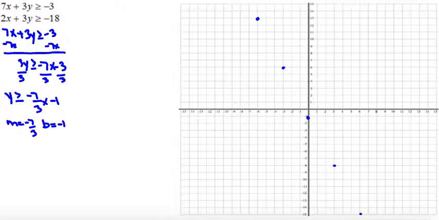Okay, and then since this is greater than or equal to, the line is part of the solution, so it has to be a solid line that I draw.